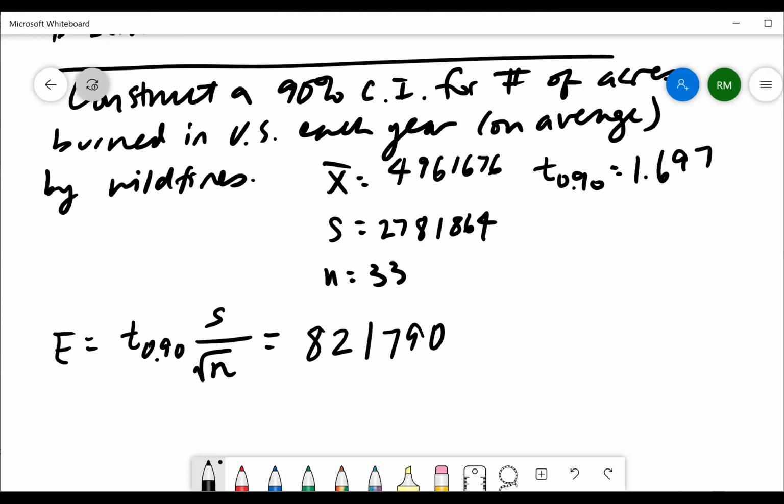Okay. So we need to construct the confidence interval where we have x bar minus e and x bar plus e.